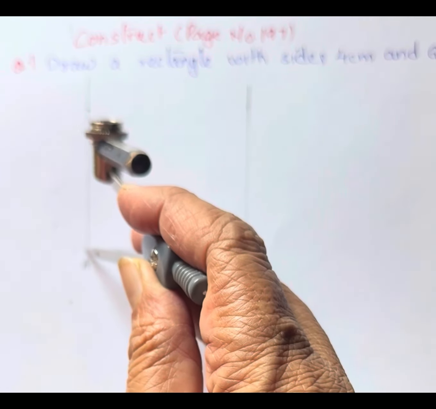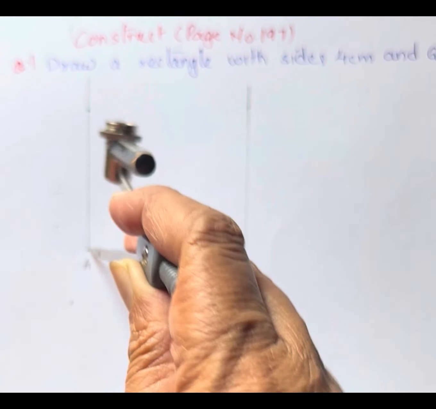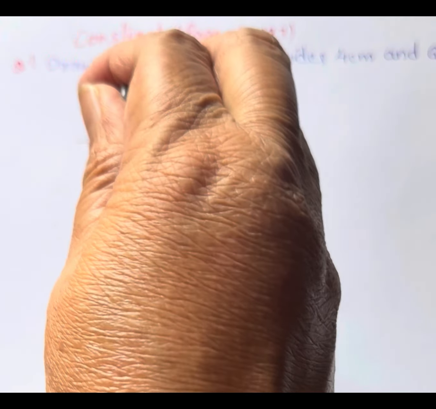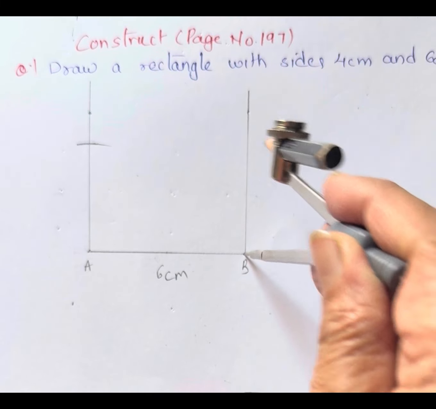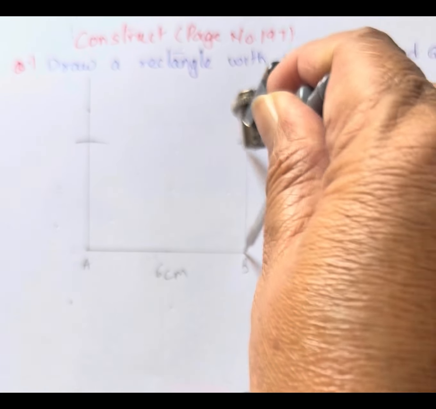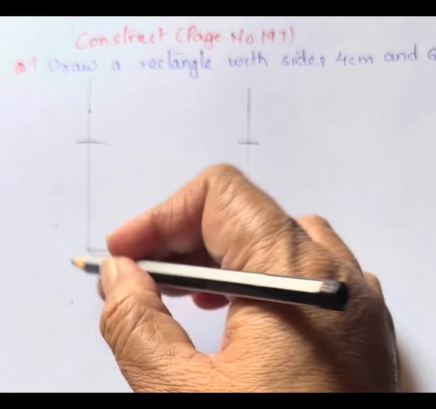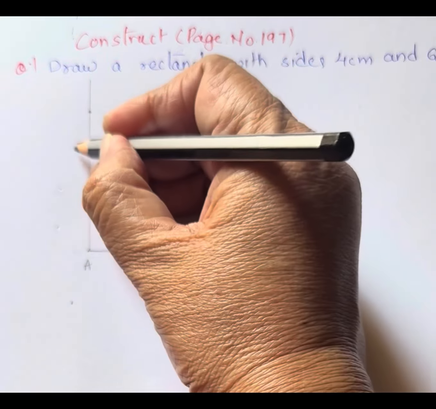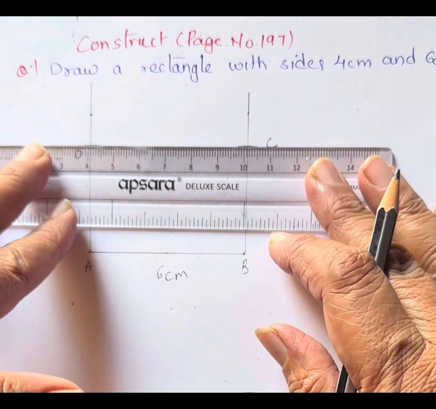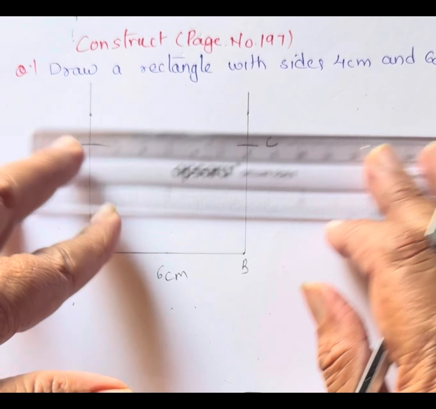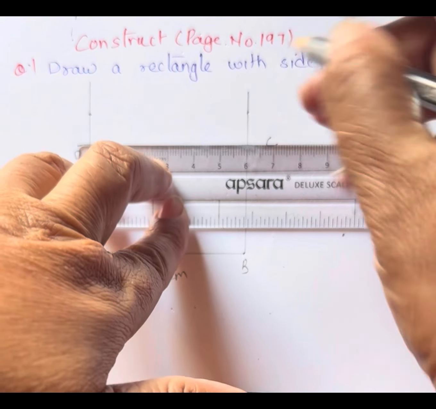Now keeping A as a center, we cut an arc 4 centimeter away. And even keeping B as a center, we can cut an arc which is 4 centimeter away, because we want to construct a rectangle, so the opposite sides should be equal. So A, B, C and D. We join the points C and D, and we see to it that they both are 6 centimeter. We are checking that.